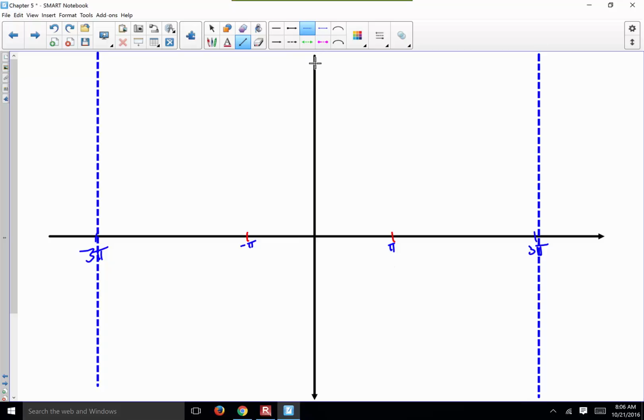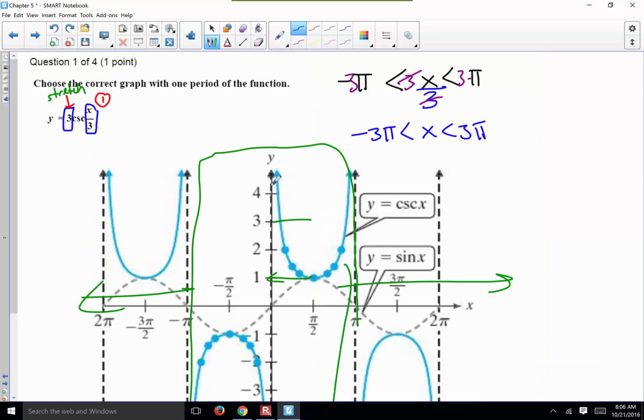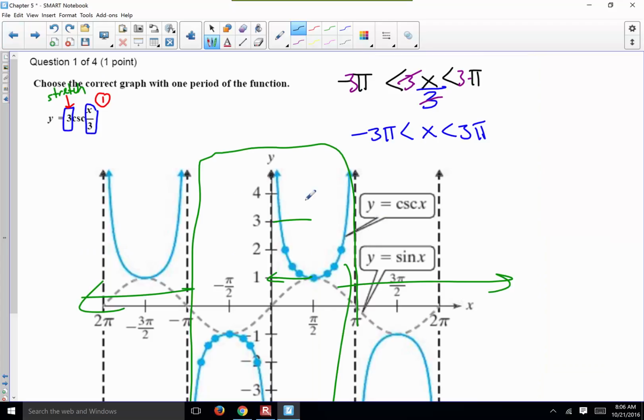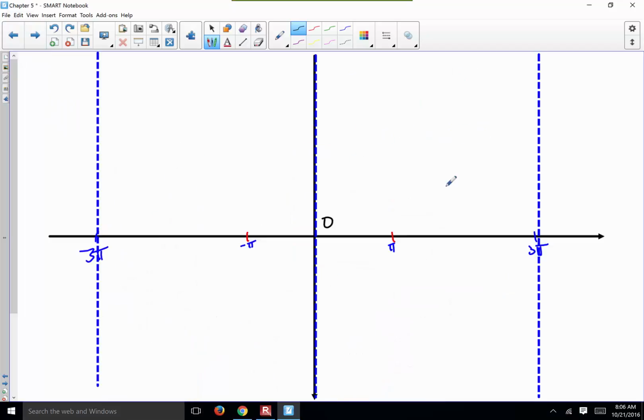And there is a vertical asymptote in the middle. Still, the middle asymptote is right between minus 3 pi and 3 pi, so it's still sitting at 0. So the only thing that doesn't change in this frame is the center asymptote still at 0. But the others moved to negative 3 pi and positive 3 pi. Okay? All you need to do now is make these blue U shapes in a wider area, 3 times wider.